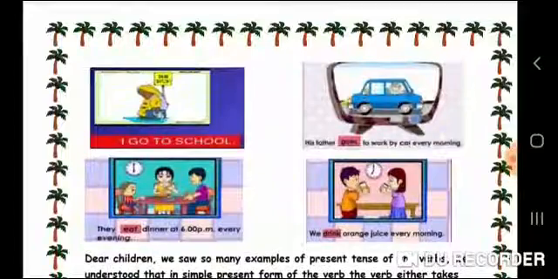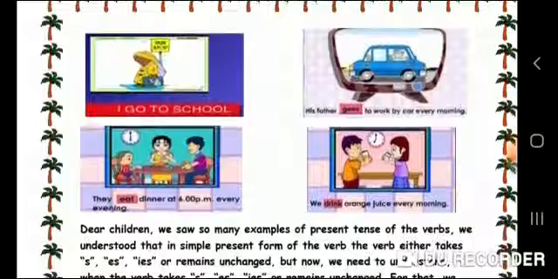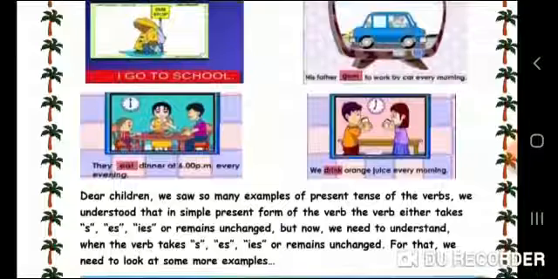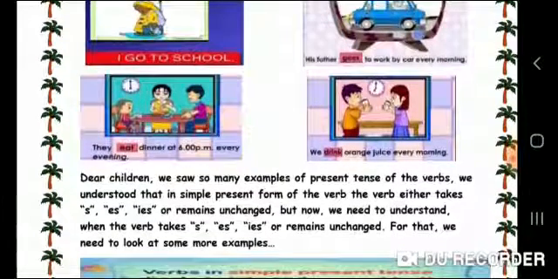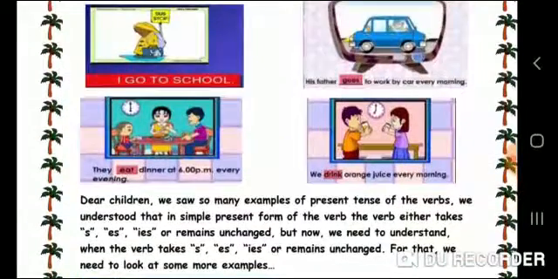Here are a few more examples, and let me tell you, my dear kids, in all the examples of the simple present form of the verb we talk about routine things, habits, or truths. I go to school, it's a routine. His father goes to work by car every morning, it's a routine. They eat dinner at 6 p.m. every evening, again a routine. We drink orange juice every morning, again a routine.